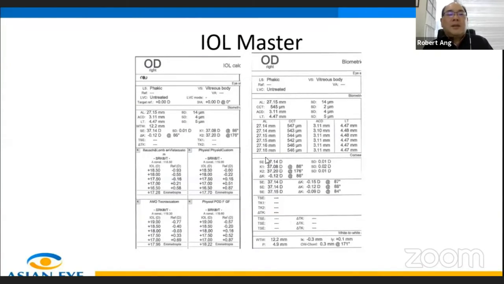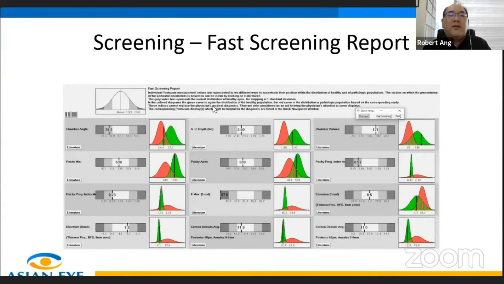Again, I took the Dial Master as a routine, and it confirms that we have a very flat K, but in this patient, we also have a long axial length. That's why the IOL power seems to be in the regular zone, but with a very flat K, you would have expected a different IOL power.